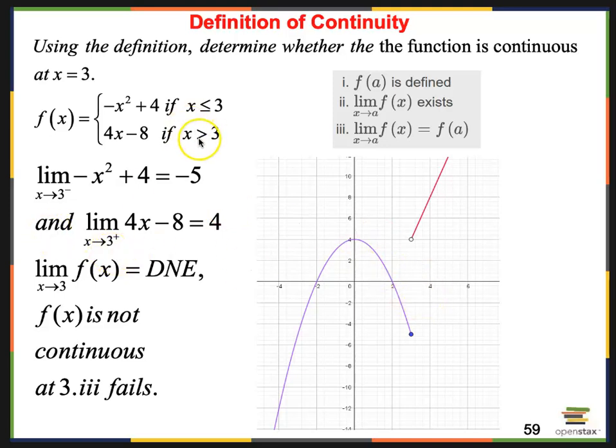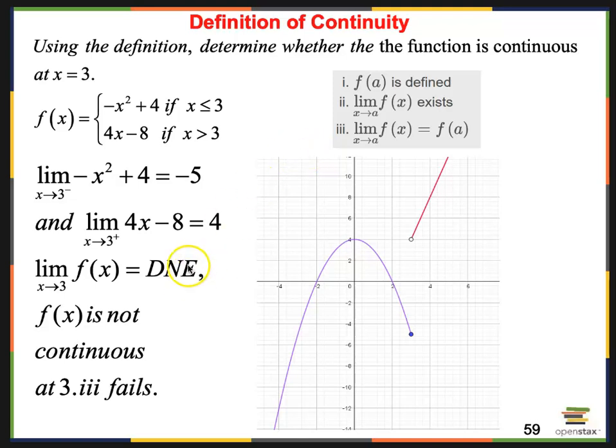We can do the same thing coming from the right. We're going to use the second function. Plug 3 in. We get 4 times 3 is 12, and 12 minus 8 equals 4. So right now, the limits do not exist, so it is not continuous. So it fails right here.